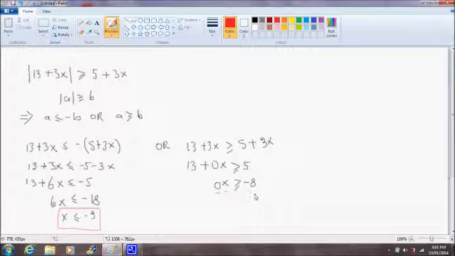So what this scenario means is that the solution for x to satisfy this inequality, x can be any real number. x can be all real numbers. So our final solution would be x is an element of the set of real numbers.